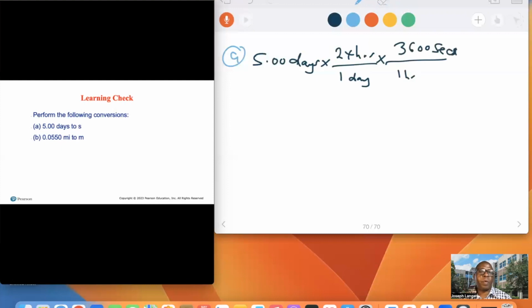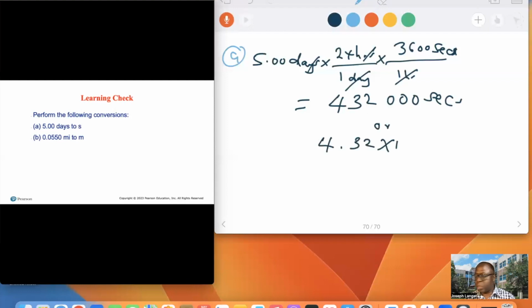You see how I've set up the equation so that hours and hours cancel and days and days cancel. You should have 432,000 seconds. You can also use the scientific notation, 4.32 times 10 raised to 5 seconds.